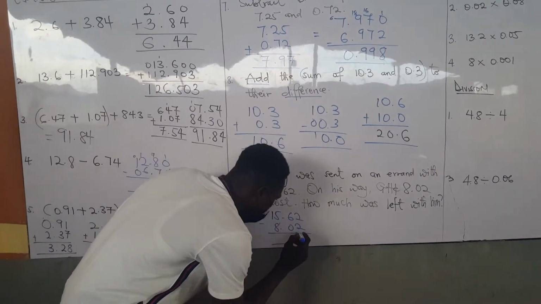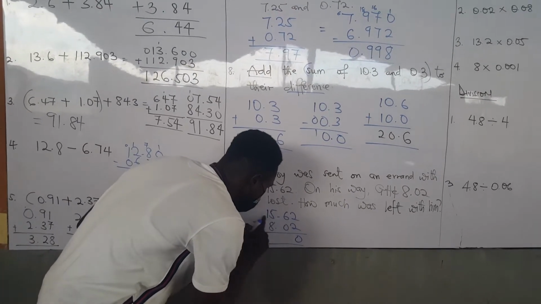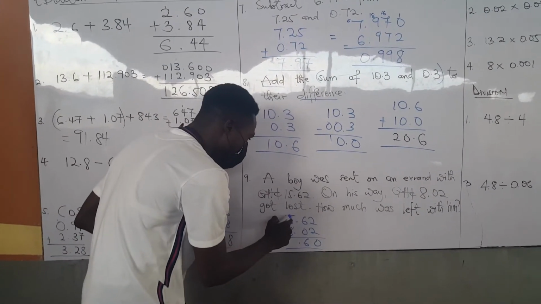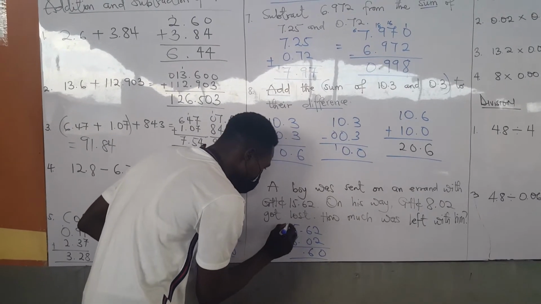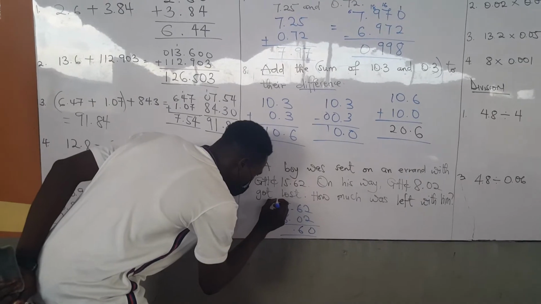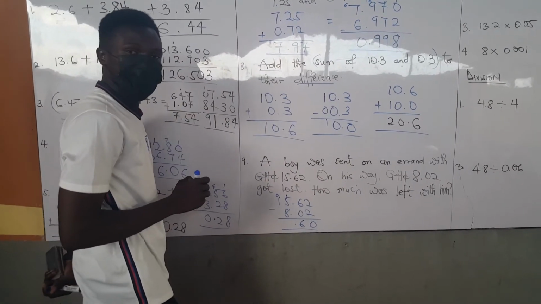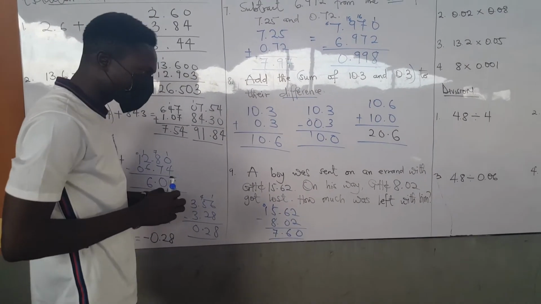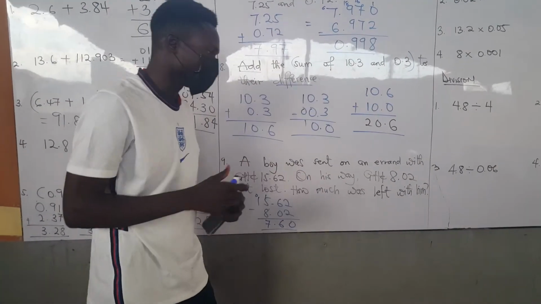2 minus 2 is 0. 6 minus 0 is 6. Point. I have 5 minus 8. 5 minus 8 is not possible. So I'll borrow 0. This becomes 15. So 15 minus 8 is 7. So the question asks, how much was left?